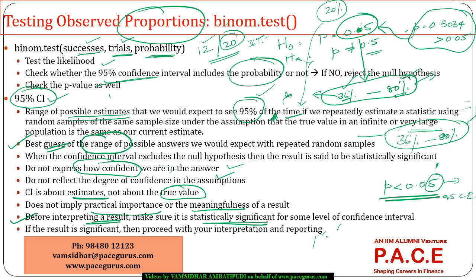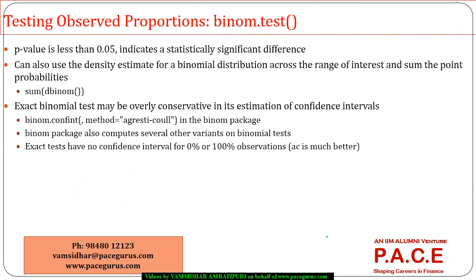Any test that is being performed, first look at the significance level, which is the p-value. If it is less than 0.05, then only are we saying that it is statistically significant, and that statistical significance is what we are taking forward for any kind of interpretations and reportings.